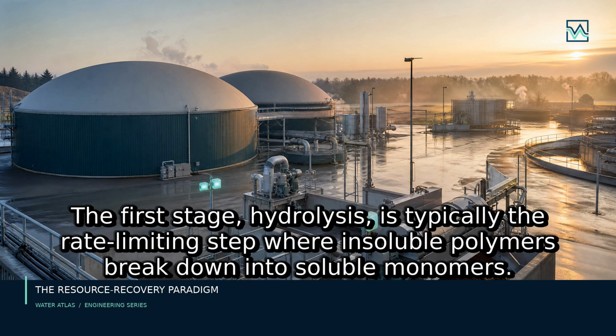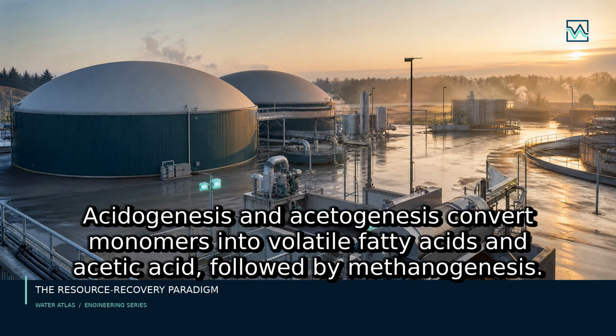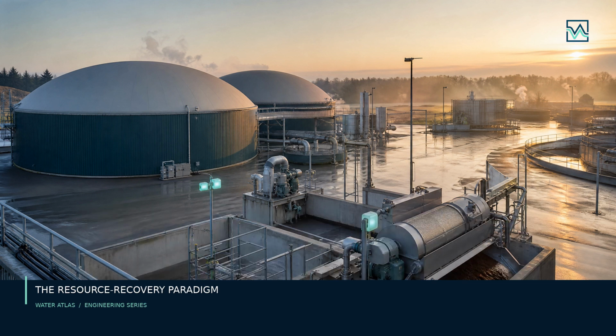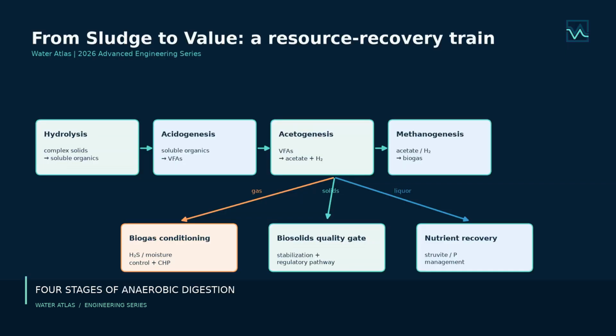During the second stage, acidogenesis, facultative and obligate anaerobic bacteria convert these soluble monomers into volatile fatty acids, alcohols, and intermediate organic acids alongside carbon dioxide and trace hydrogen. In the third stage, acetogenesis, acetogenic bacteria transform these acidogenic products into acetic acid, hydrogen, and carbon dioxide.